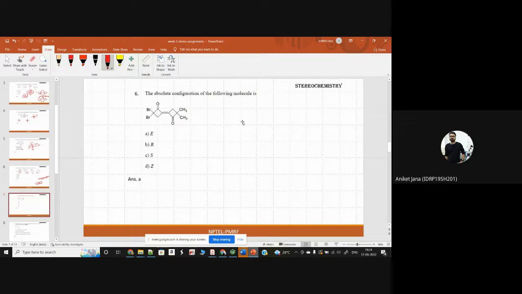Now tell me, what is the case with this molecule? The absolute configuration is what?